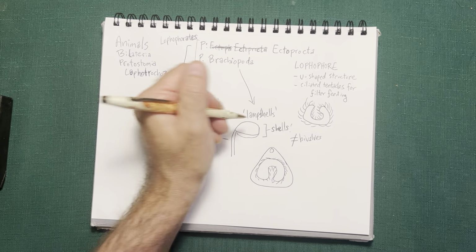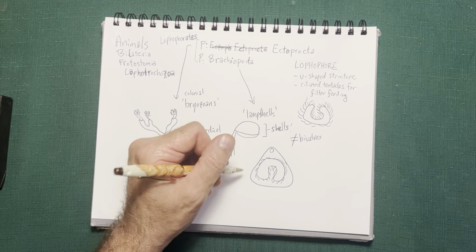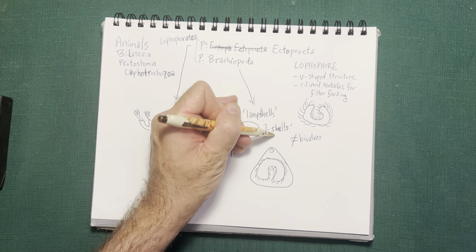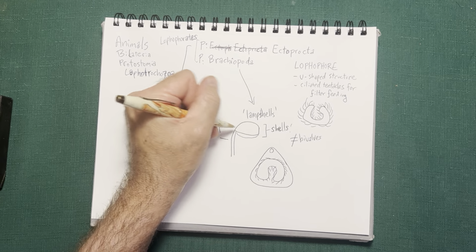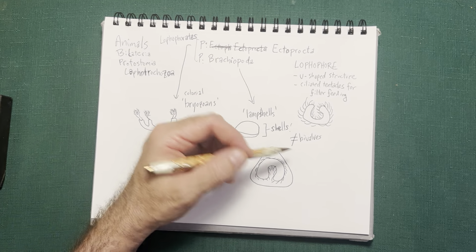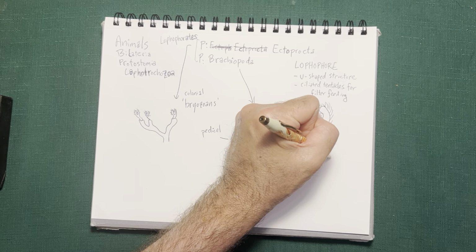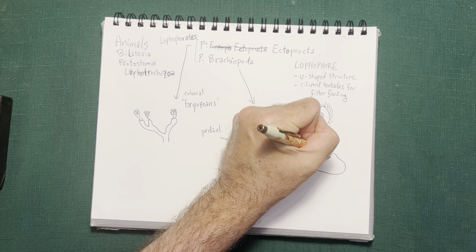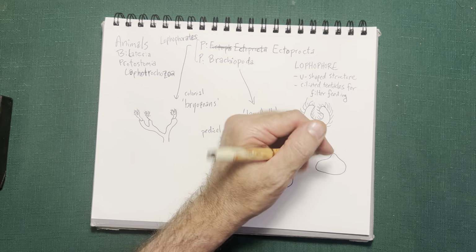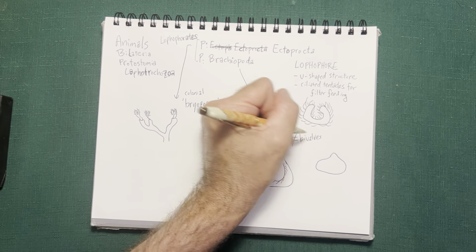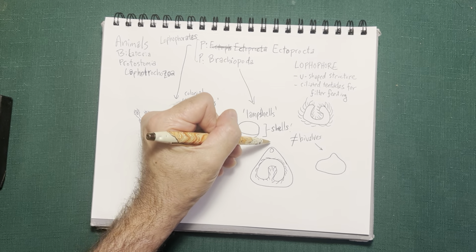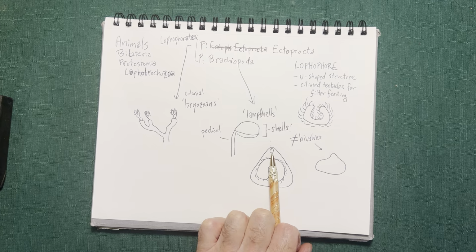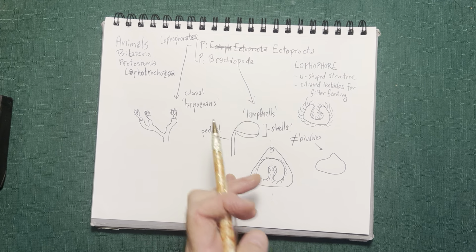So a brachiopod has a shell that is bilaterally symmetrical in this axis here, versus a bivalve. If I were to make a section directly down the middle of this shell, it's completely bilaterally symmetrical.